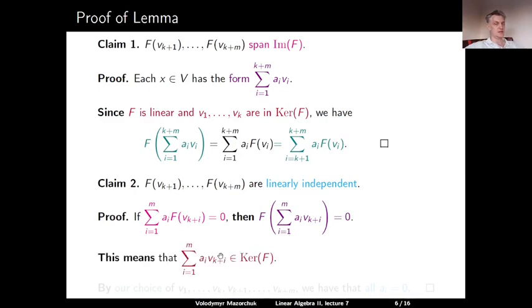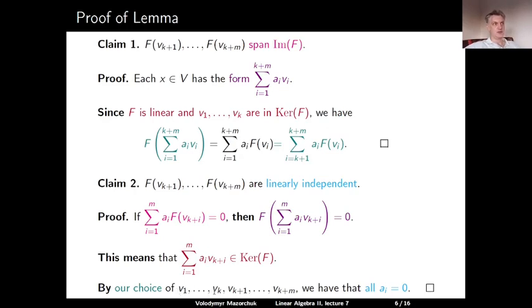But this means that the linear combination of vk plus 1 and so on vk plus m belongs to the kernel of f. But this means that this linear combination can be written as a linear combination of the elements v1 and so on vk.